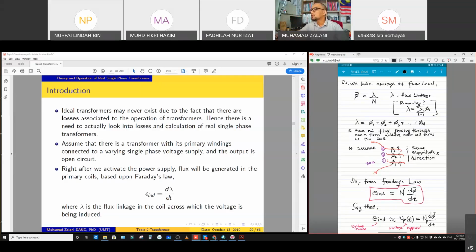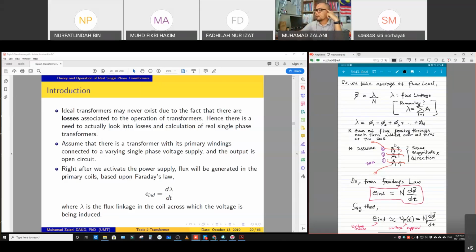Phi 2 similarly goes upward, and also phi 3 upward, and so forth. So we make an assumption something like this. Because if we apply current starting from the top, we can do the right hand curl. We do the right hand curl, and then our thumb is pointing toward the direction of phi.